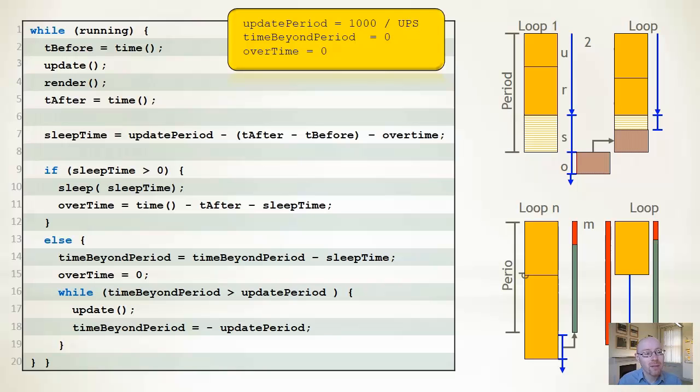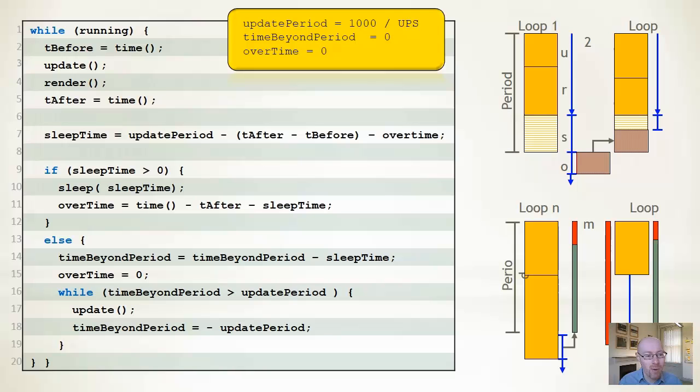Line 7, we're working out how long we want to go to sleep for. So here we're looking at the update period. So for example, say 20 milliseconds is our target. We're taking away from that t after minus t before, and that effectively is how long it took to do our update and our render. So if it took 17 milliseconds, then it'd be 20 minus 17, that's 3. And the final bit at the end is we're taking into account, okay, on the previous frame, we could have gone to sleep.